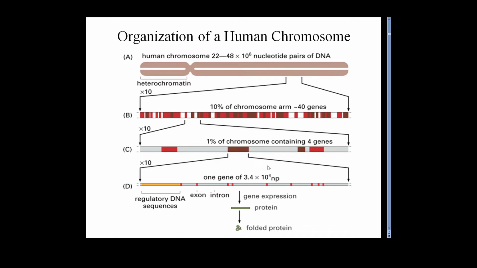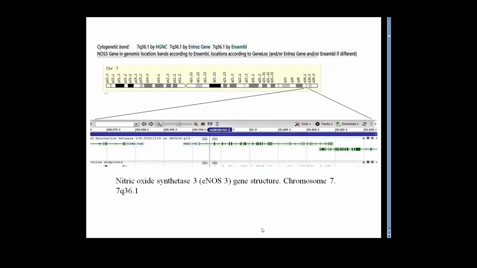And you see a usual gene consists of near 30,000 nucleotides, but proteins usually consist of some hundreds of amino acids, and in a folded state this leads to a functionally active structure. Now a real example of a gene, for example, nitric oxide synthase 3, an enzyme which regulates the tension of the wall of blood vessels.